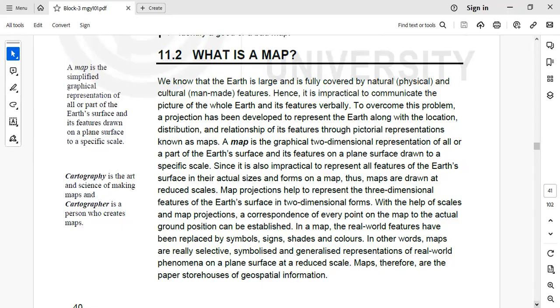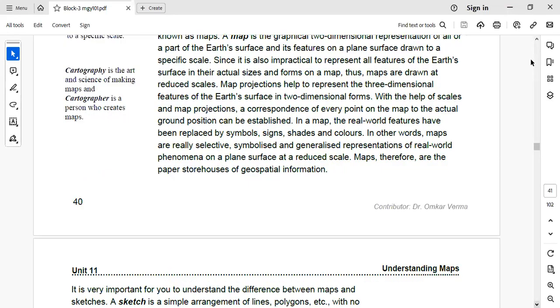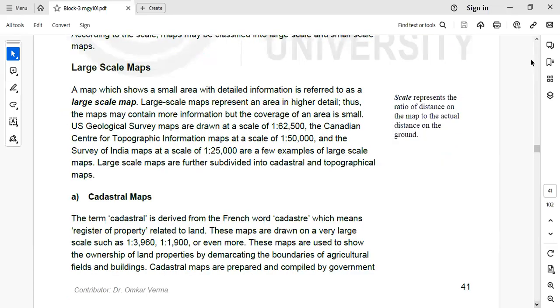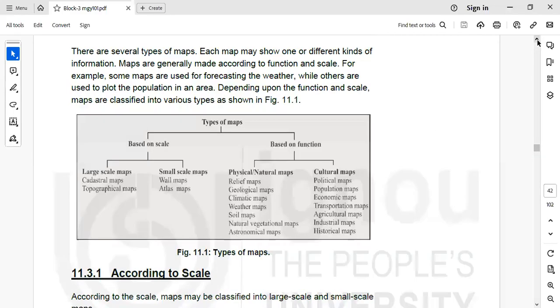So how can we define scale? Before defining the scale, let's have a look at the types of maps. Scale is nothing but it represents the relationship between the distance on the map and distance on the ground.